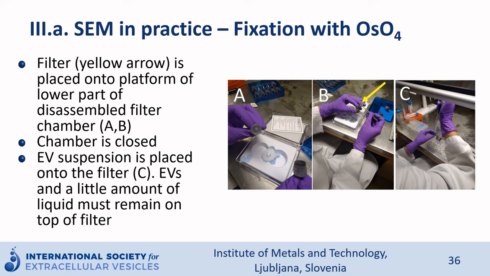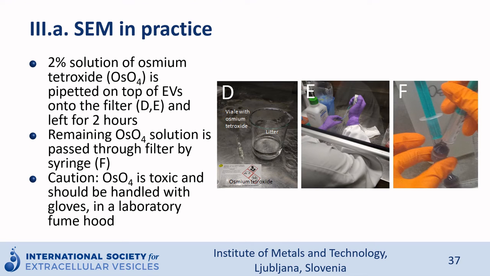The chamber can be disassembled to place the filter. The sample containing vesicles is placed into the chamber to cover the filter paper. Osmium tetroxide solution is added on top and left to react with the membranes for 2 hours.